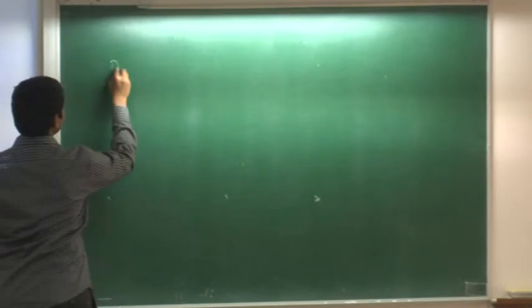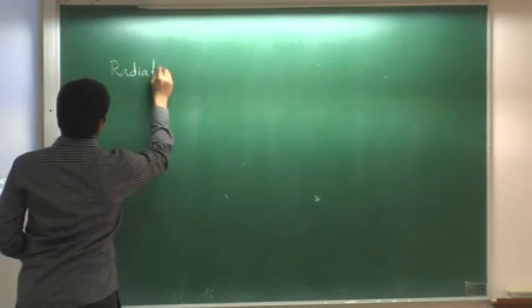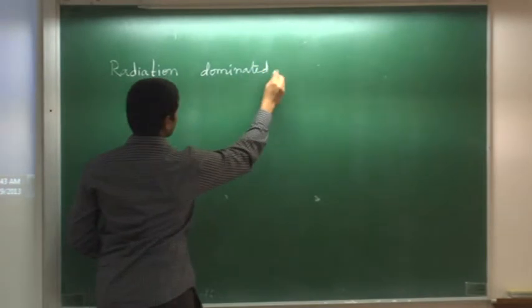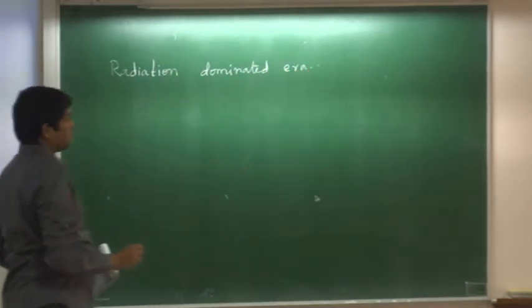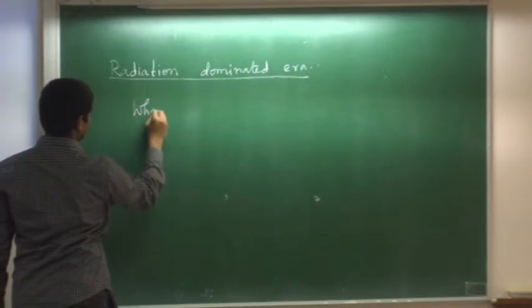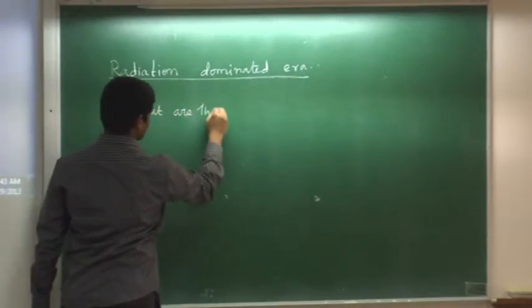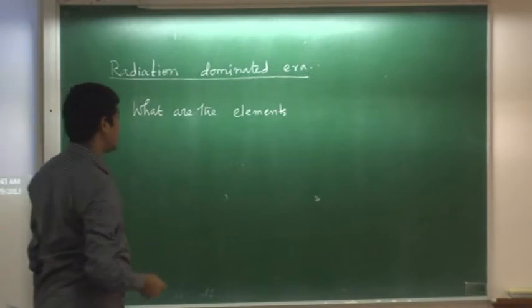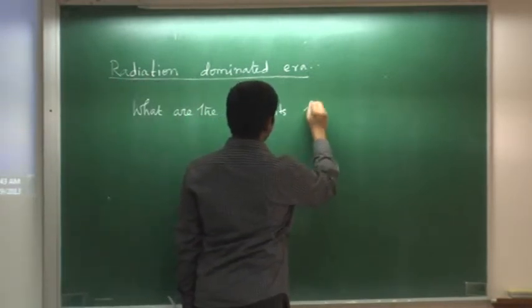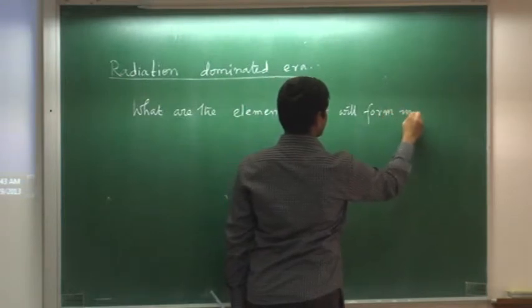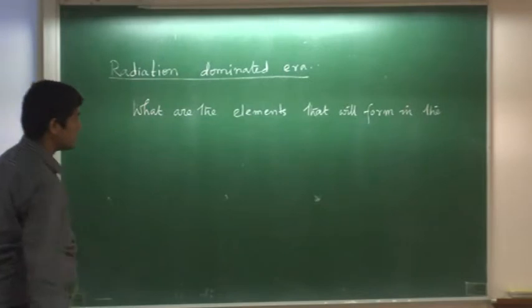So we'll talk about the radiation dominated era, and we ask the question, what elements in the periodic table, hydrogen, helium, etc., will form in the radiation dominated era.